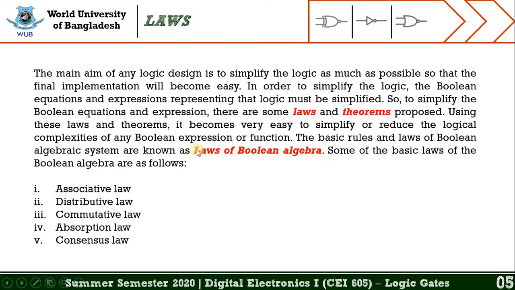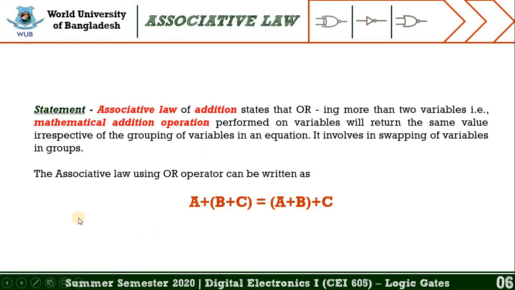or function. The basic rules and laws of Boolean algebraic system are known as laws of Boolean algebra. Some of the basic laws of Boolean algebra are as follows, such as Associative Law, Distributive Law, Commutative Law, Absorption Law, Consensus Law. So let's start with the Associative Law.